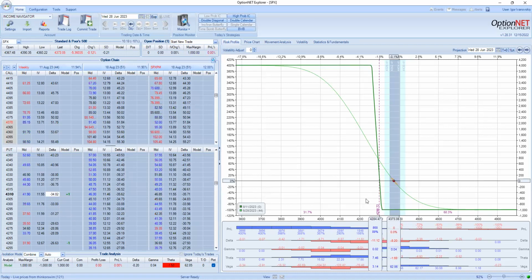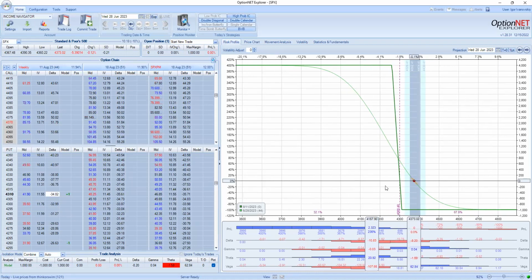Which means that there's about a 35% probability that the price is going to be at 43.10 or lower. So if we were to just think about this put debit spread by itself, there's about a 35% probability that the price is going to end up in the trap.